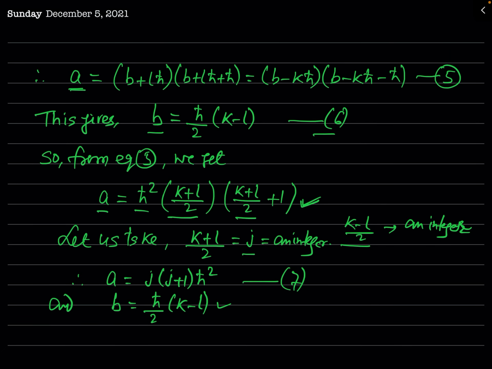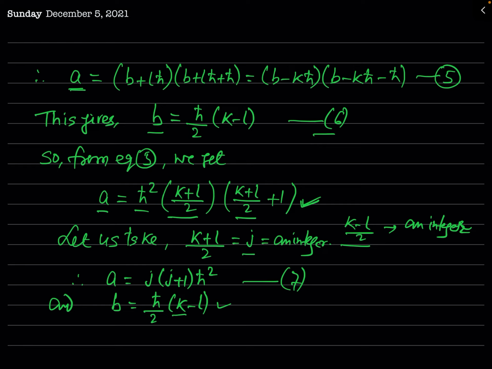So in this way, you can find the values of this B, which is h bar over 2 times k minus L. When we take L equal to minimum, that is 0, then k is maximum, and k maximum is equal to 2j.